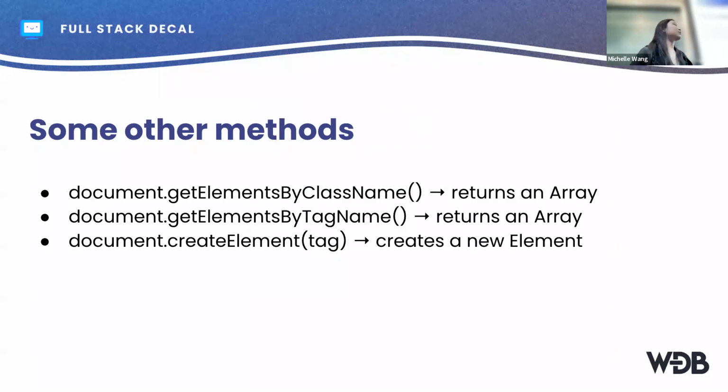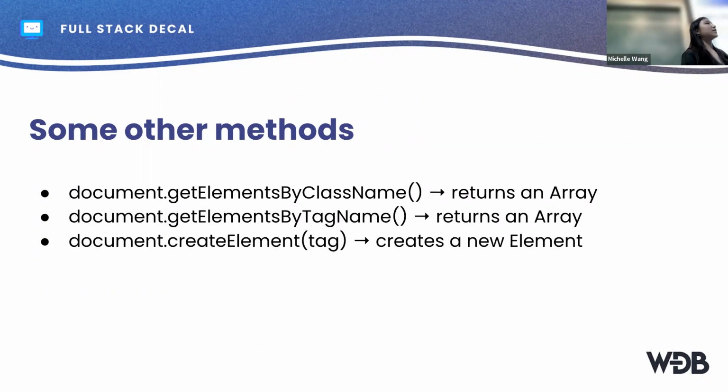There are also just more methods. If you Google it, there's a ton of them you can use. Two of them are getElementsByClassName and getElementsByTagName. These two return arrays. Basically it selects all of the elements in your HTML that have that specific class or that specific tag, and it returns an array of all of those elements.